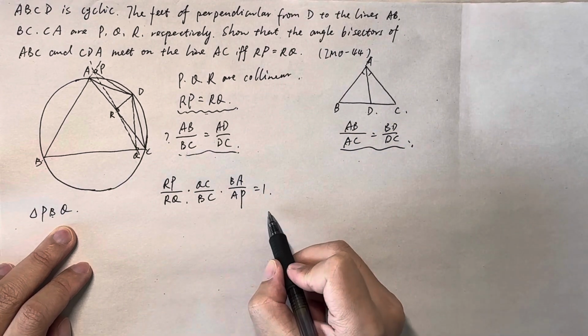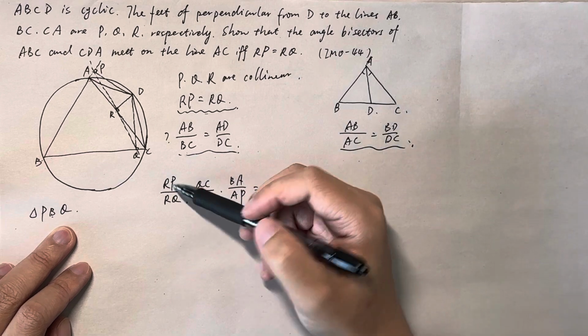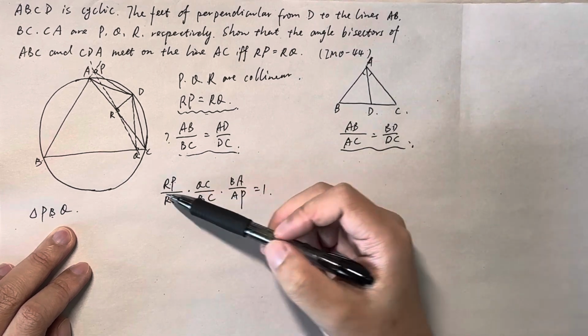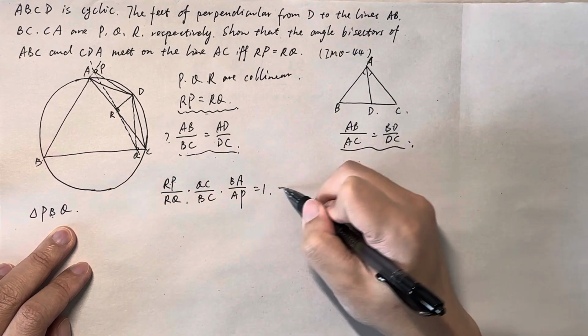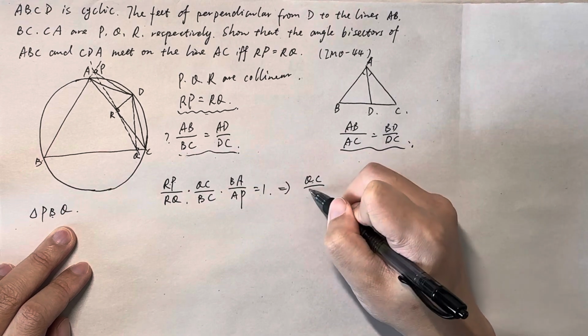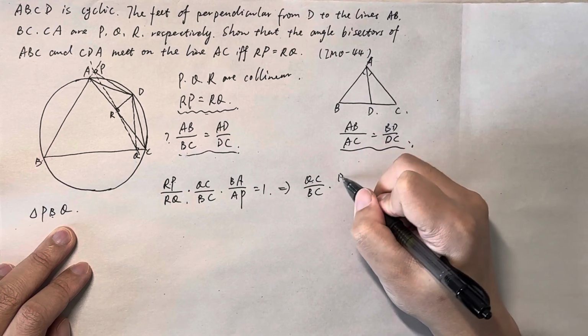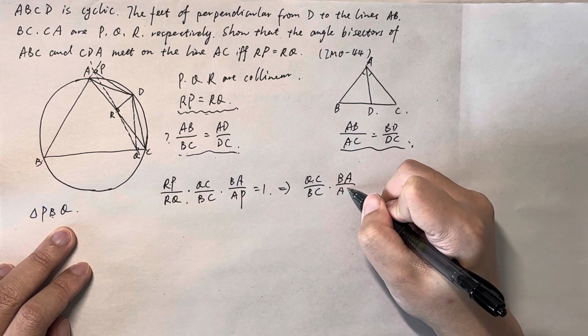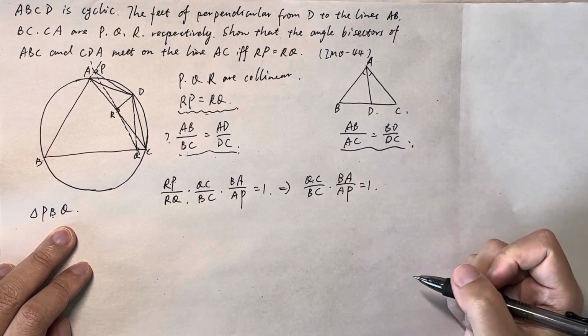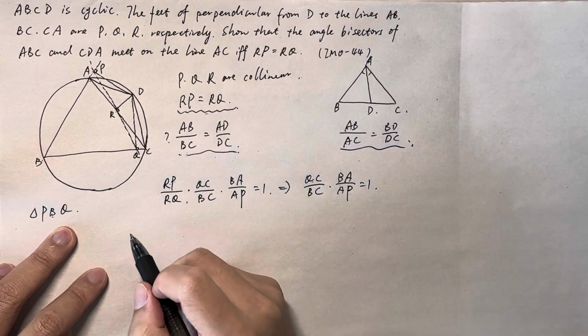This is true based on Menelaus's theorem. And we know that PR to RQ equals 1, which means QC to BC times BA to AP equals 1, right?